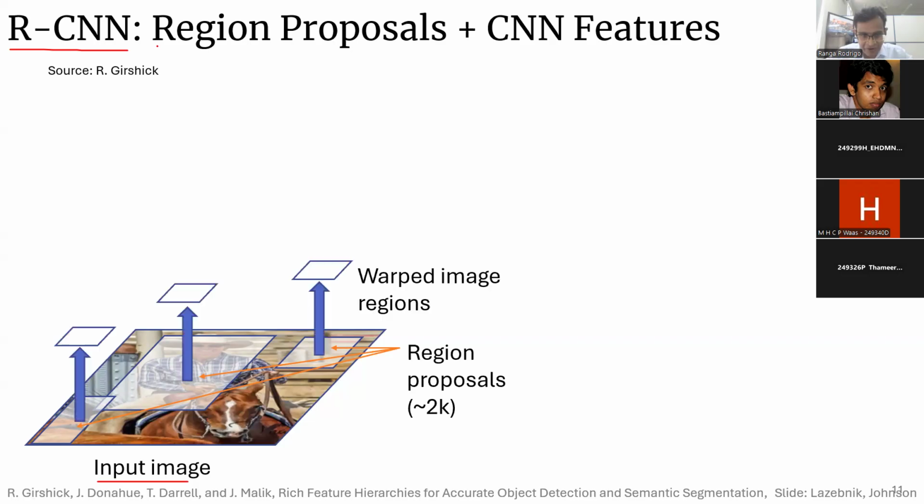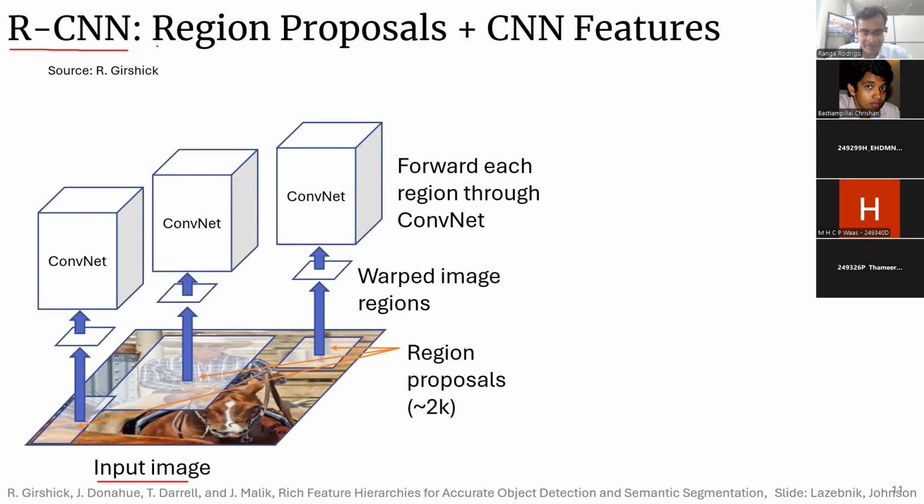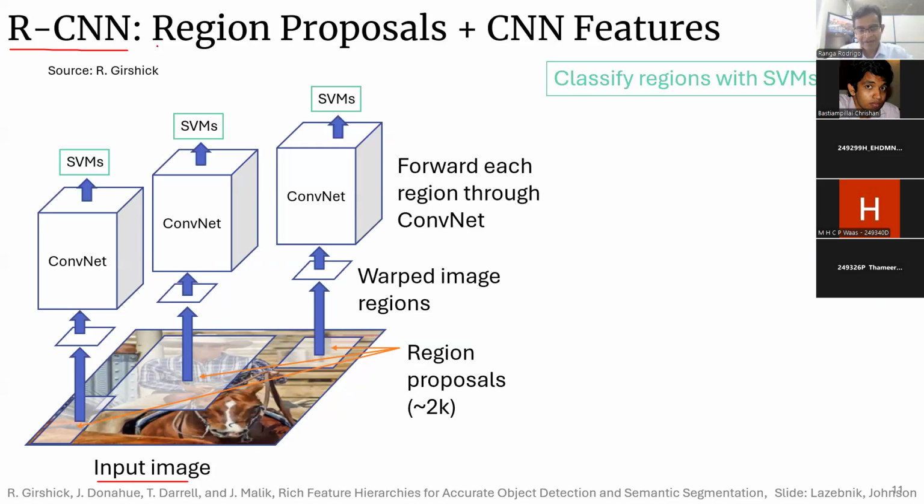Then what you do is on each of them, we warp the image into 224 by 224, something that the CNN feature extractor can accommodate because they can take only fixed size inputs. And then you line up this convolutional neural network, a convnet, on top of that. For each of the region proposals, you run them through the convolutional neural network and it will produce a vector.